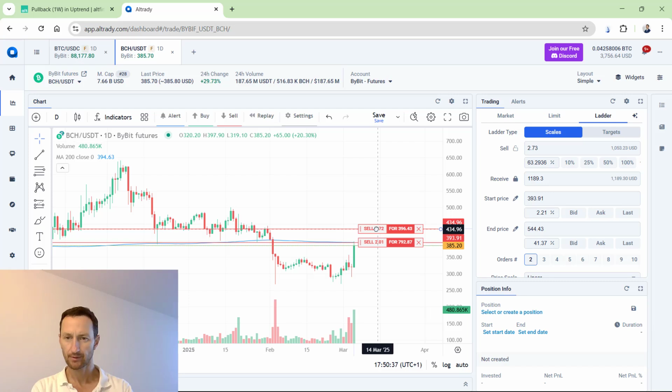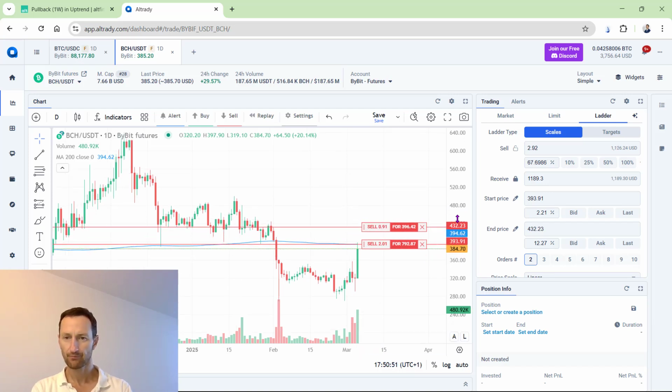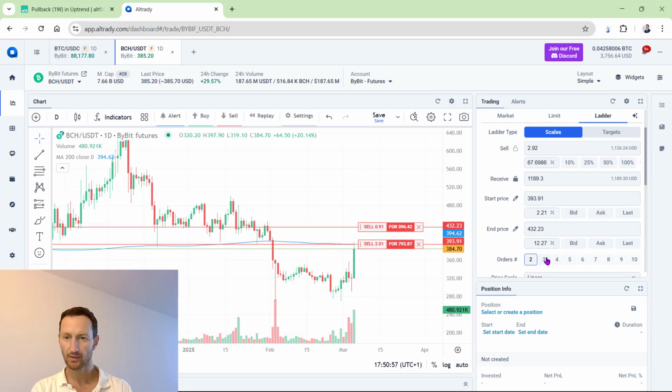So about, let's call it 8%. If I'm 8% wrong from $400, so that's about 432. That's where I want to be adding to my short sell position, and somewhere in between. So let's call it, I want 3 levels. So there's another one in between there.